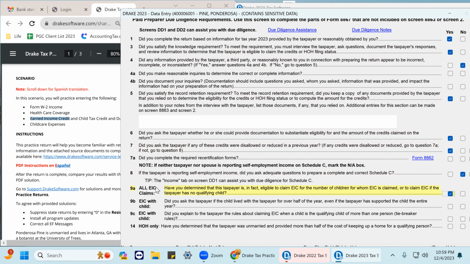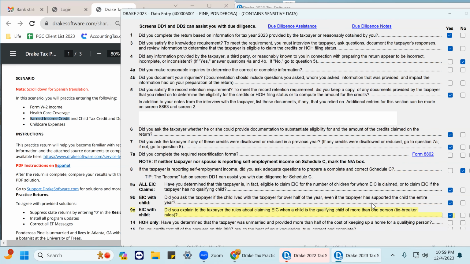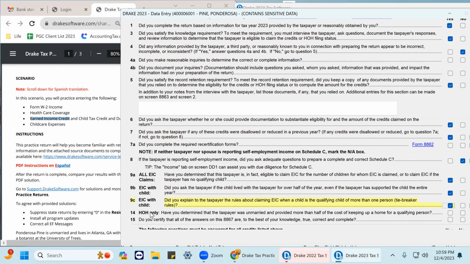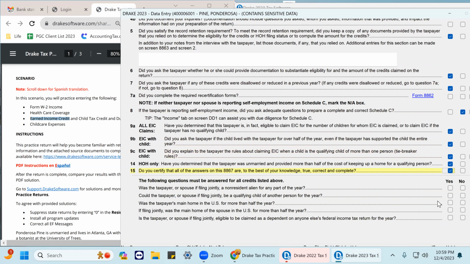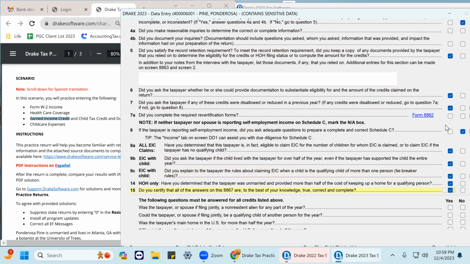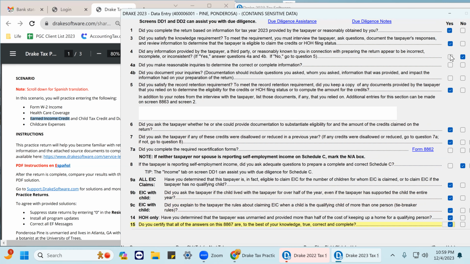So the first one, always yes. If they have a kid, this one is always yes. The C, we always explain it, right? Now this one is head of household, always yes. But this one, always yes as well. And then up to 15, there's only one question that is for sure no, which is number 4.